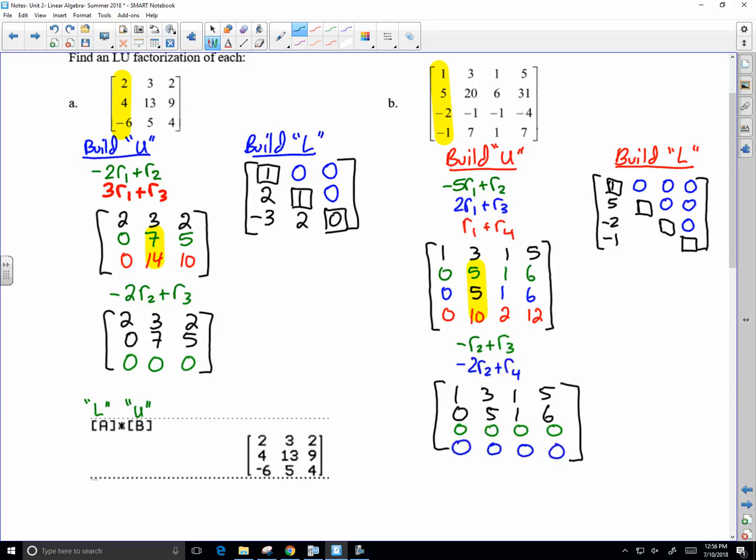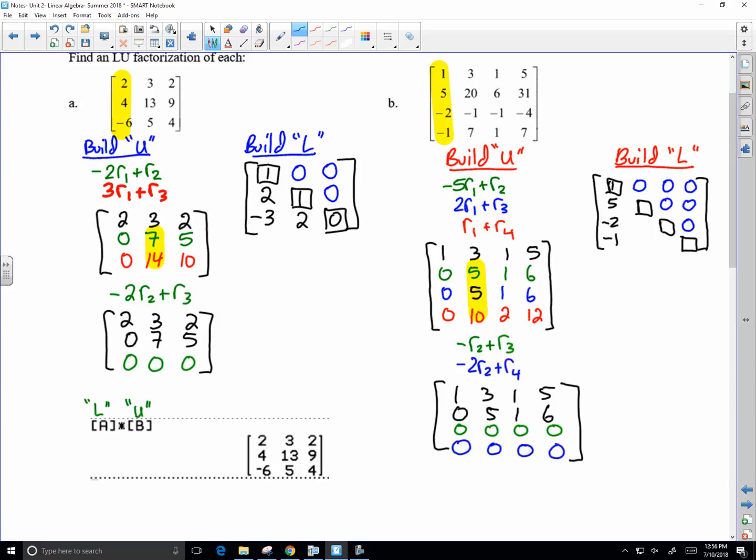Because rows 3 and 4 are multiples of row 2, which means that they're essentially the same linear equation, if it's a line, or plane, or whatever. In this case, that's a plane. So that's going to be fun in a second.